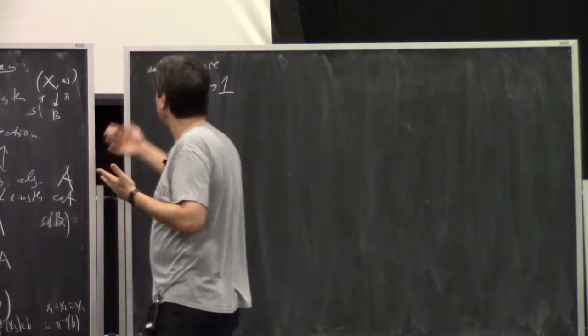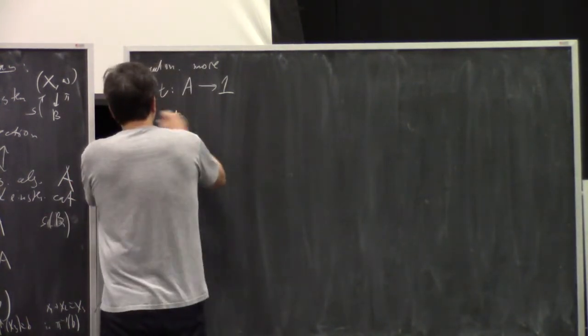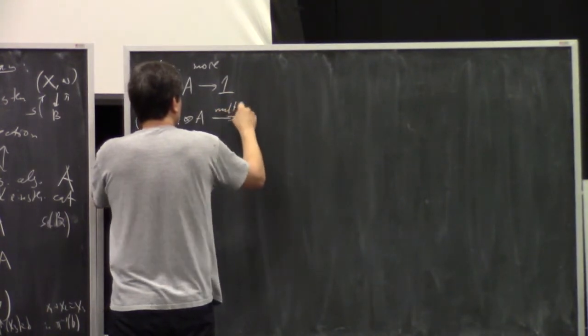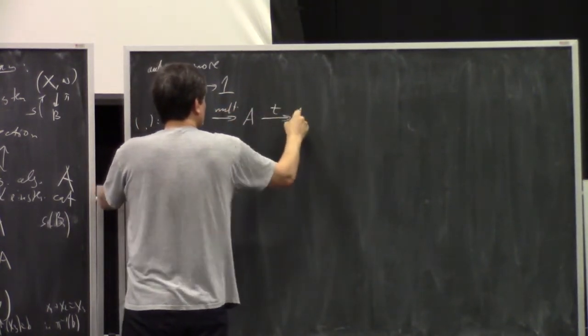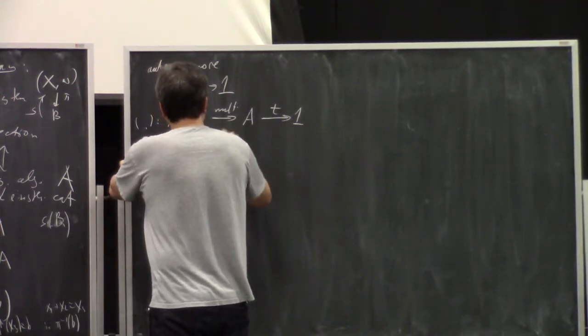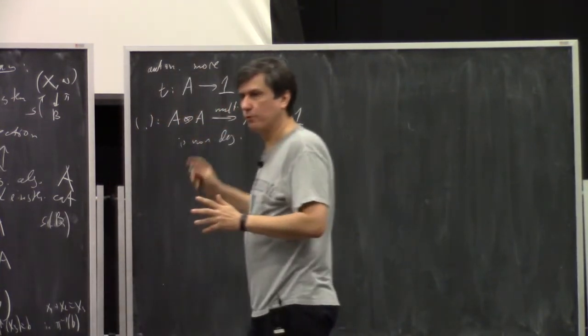It will be such that if you consider a pairing on A, given by first multiplication and then by the trace, then it's non-degenerate. And non-degenerate is a purely categorical notion.